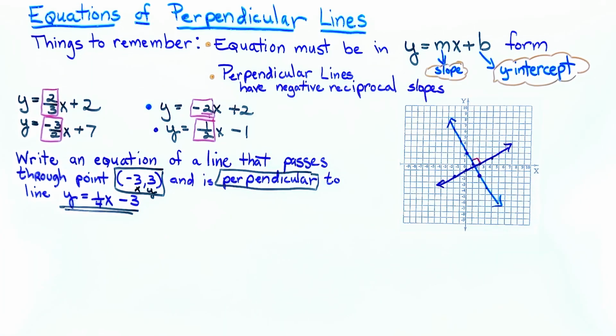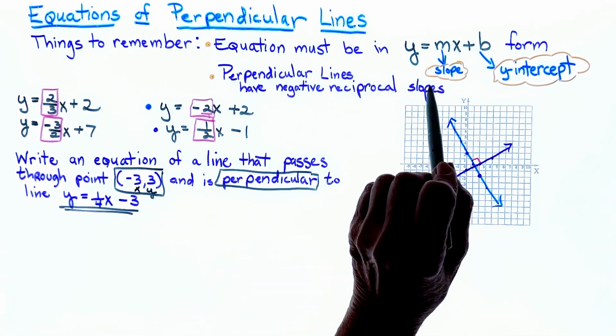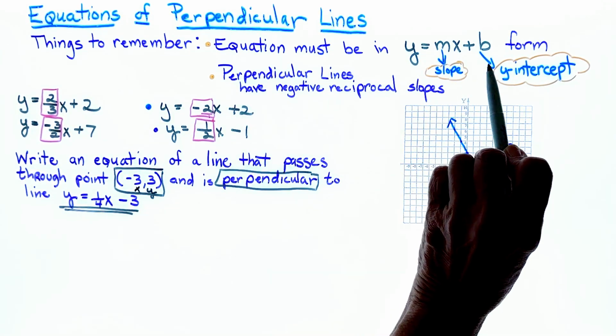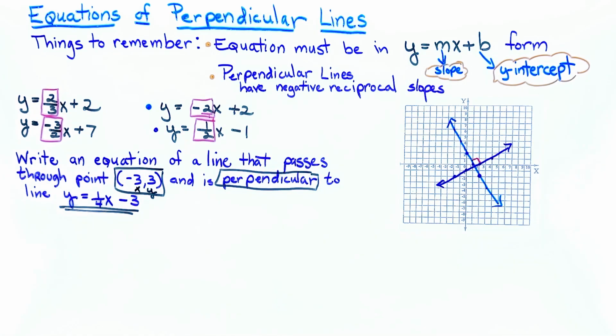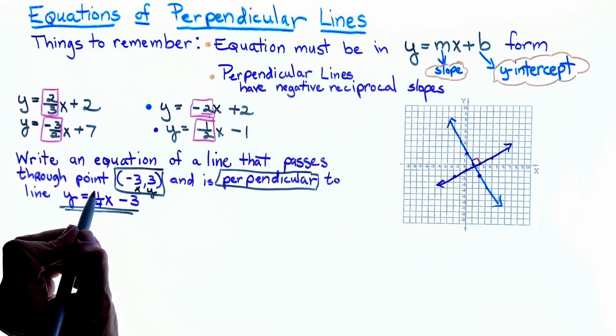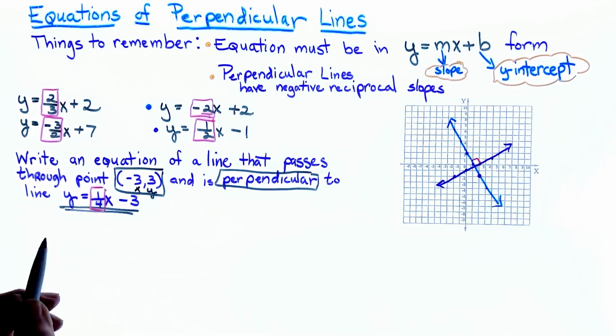So we're going to start off and we're going to have to find our slope, and we're going to have to find letter b in order to write the equation in y equals mx plus b form. So looking at the equation that is given to us right here, that slope is 1/4.